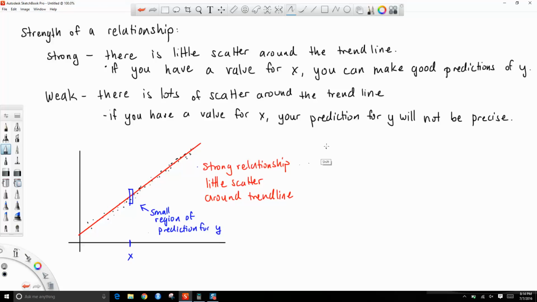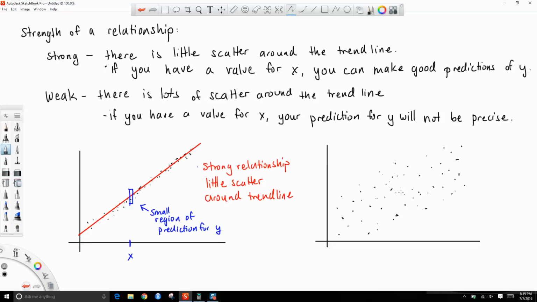Okay, over here, we can just produce a lot more scatter. Okay, and so here, we just have a lot, we have more scatter here. Okay, so this is a weaker relationship.